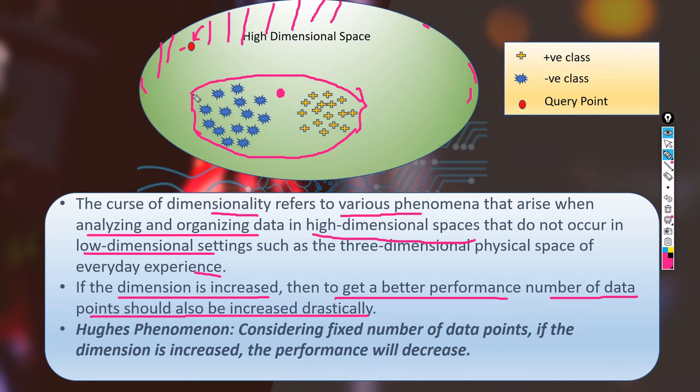We have a small number of data points, but the dimensions are huge, so the data points are not covering the whole dimension, and we are getting low performance. To get better performance, we have to increase the number of data points, and that is not always available. Data is very costly, you cannot get as much as you want. This is the first thing.